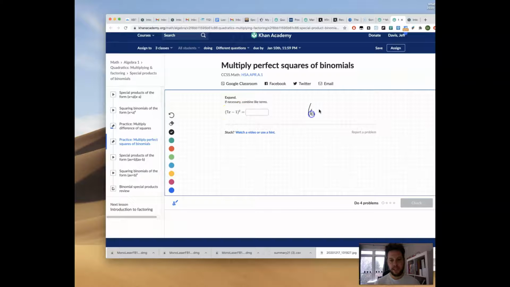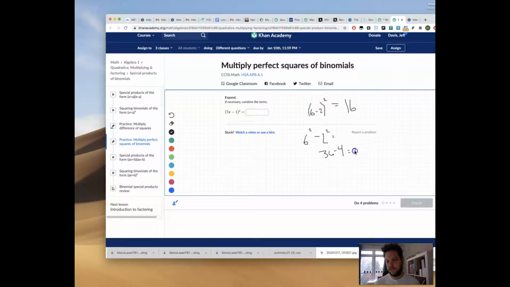Let me actually take a second and show you why that doesn't work. 6 minus 2 squared. 6 minus 2 is 4. 4 squared is 16. Some people would try to do this by going, oh, I'm going to square the 6 and square the 2. Well, if this method works, we should get 16. And we don't. 36 minus 4 is not 16. So this method does not work.